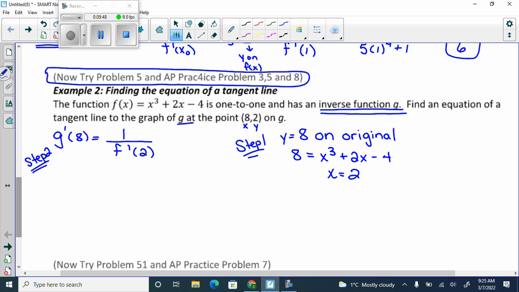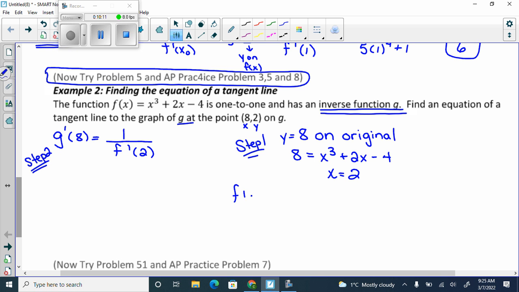Now if this was one where they didn't give us an equation, but they gave us f prime of 2 equals 6, it would just be 1 over 6. It's easier. So if they give you f prime of 3, you just fill it in, right? It's easier, not harder. Okay, so f prime of 2.